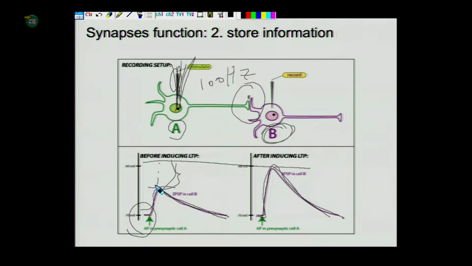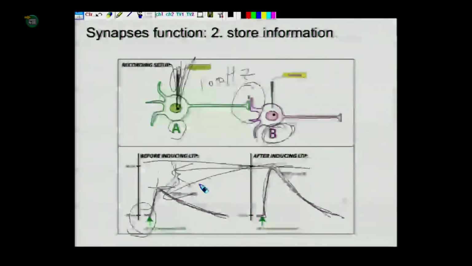And if the connection goes the other way, then we say the synapse is weakened. So the synapse can be strengthened and weakened. And they can also be created and eliminated. So the number and the connection strength of synapses are plastic.